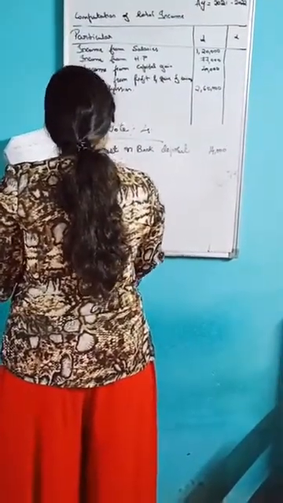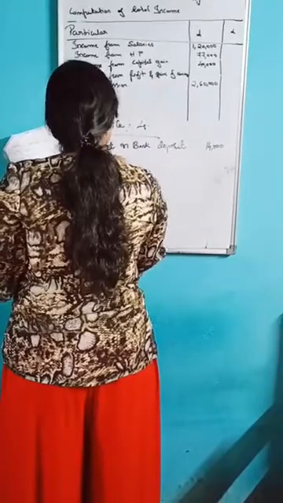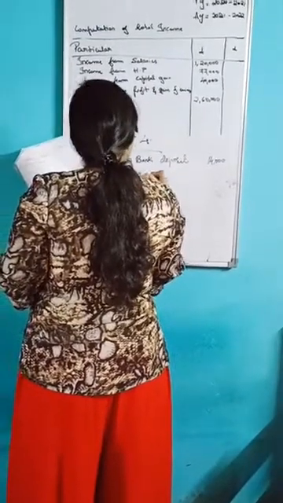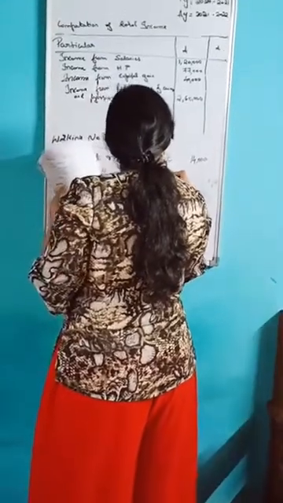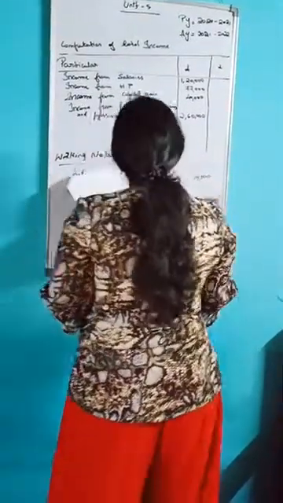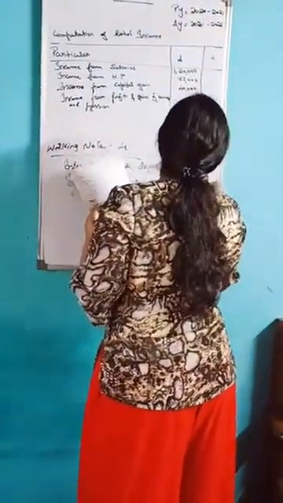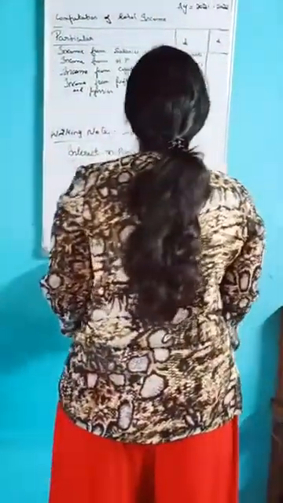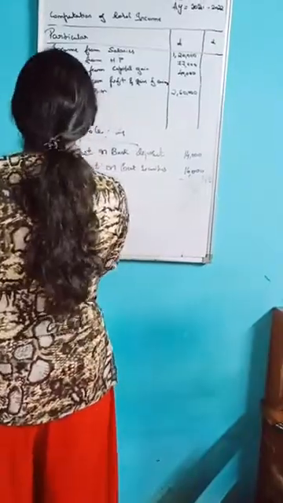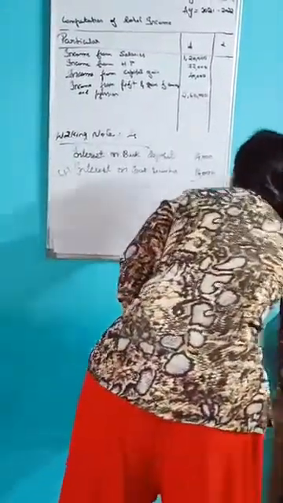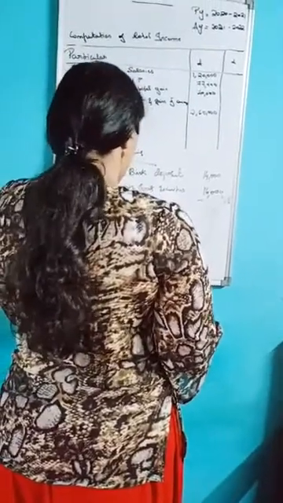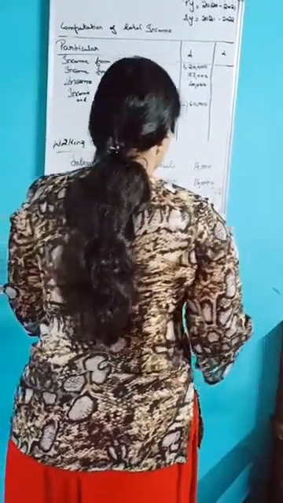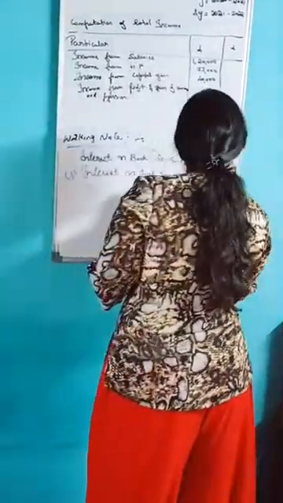Next one is interest on government securities, that is 16,000. So you should add. How much will you get? 14,000 plus 16,000, you will get 30,000.